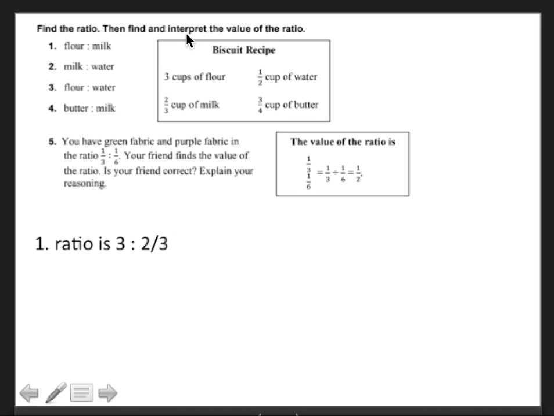And then when it says interpret, that's where we did that division. We took 3 divided by 2/3. And you can use your calculator to do that. 3 divided by 2/3, and you can write just this part, and then that equals 4.5. So that means flour is 4.5 times the amount of milk. Okay, so that's what you're going to do for the rest of those on that section.